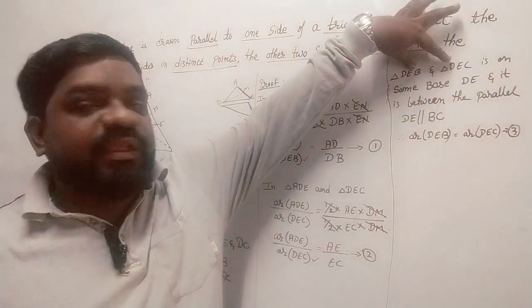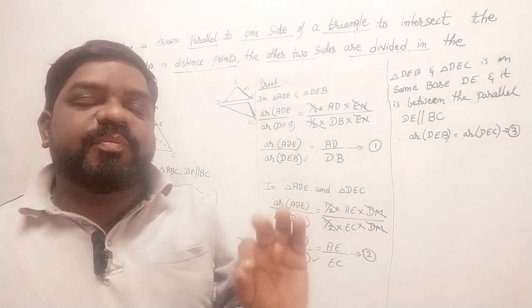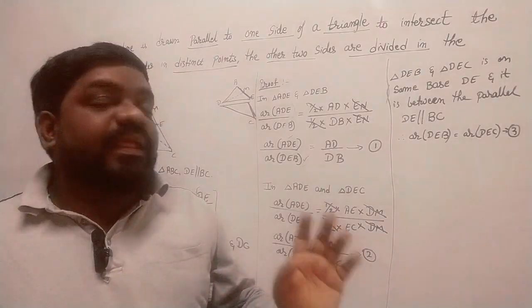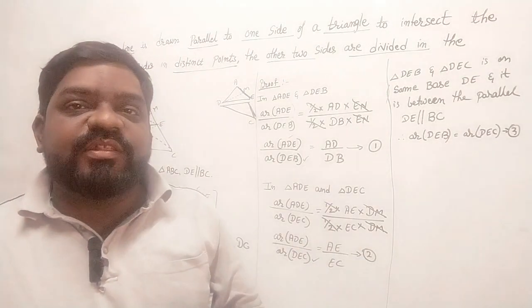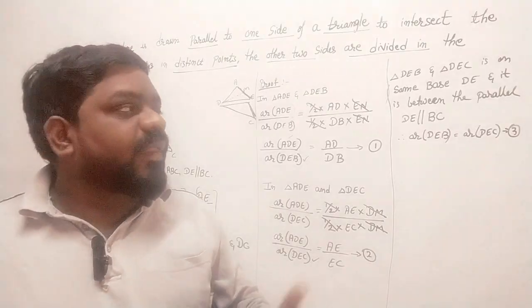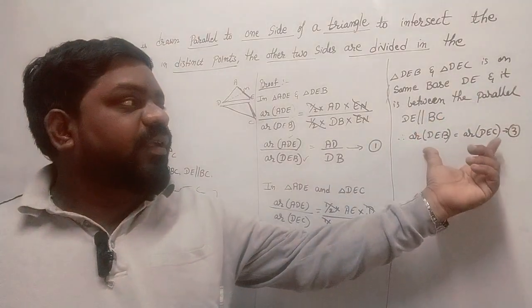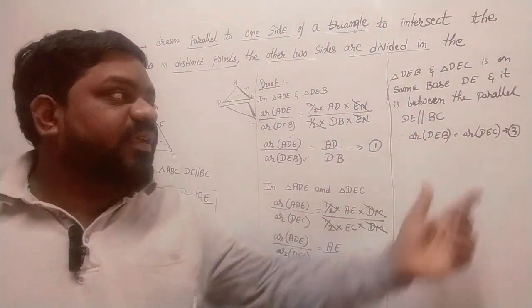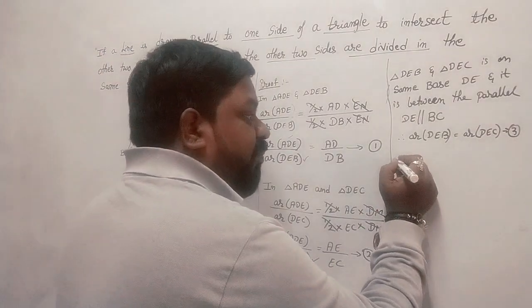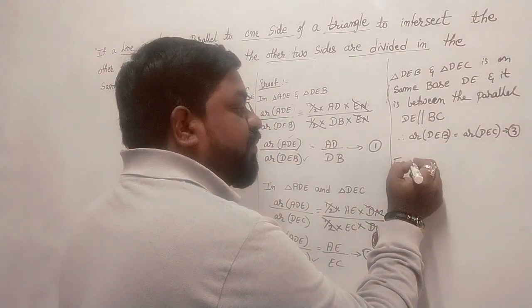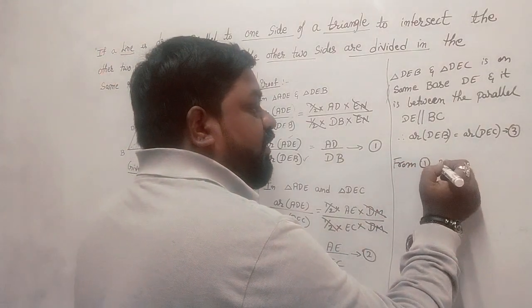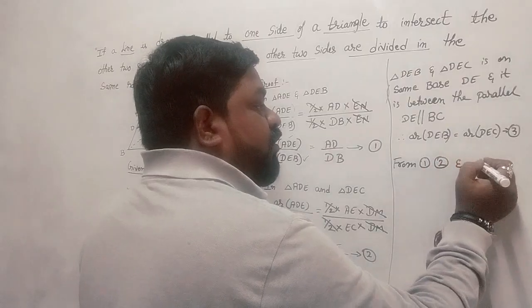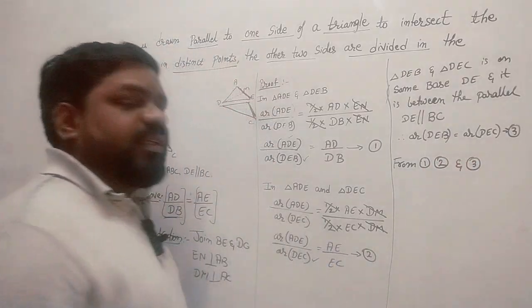When two triangles are on the same base and between the same parallels, then the areas of those two triangles are equal. According to this statement, we have got the two triangles equal. Now compare all three equations, 1, 2 and 3.